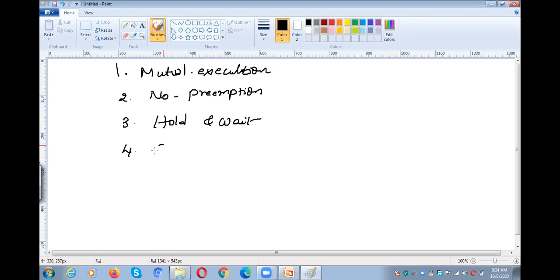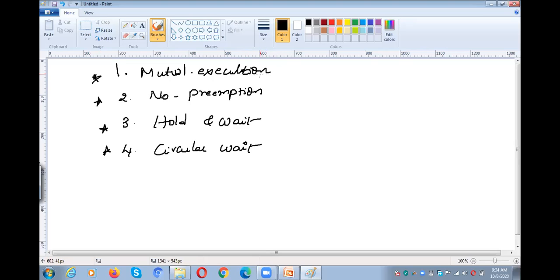The fourth one is circular wait. So very, very important. In the GATE examinations or from the interview point of view, these things are very much important, right?